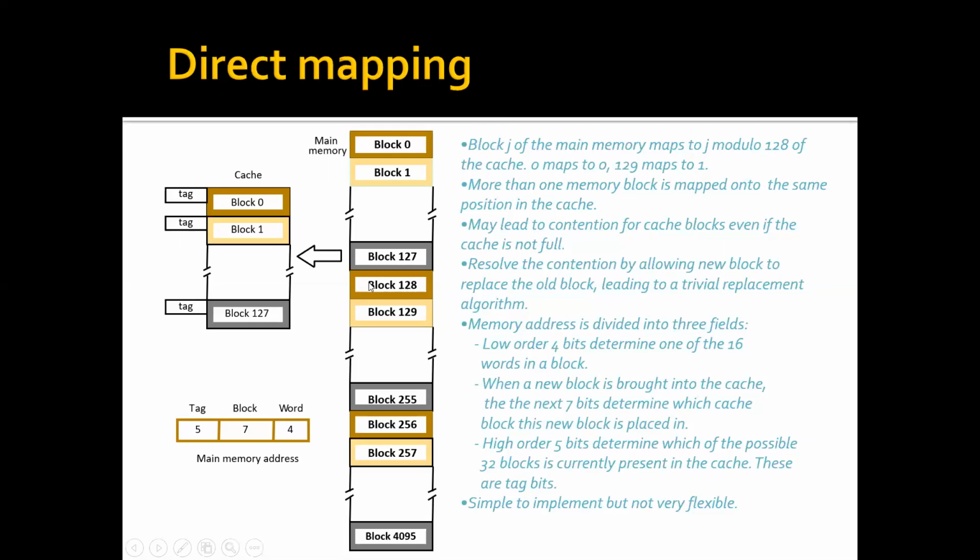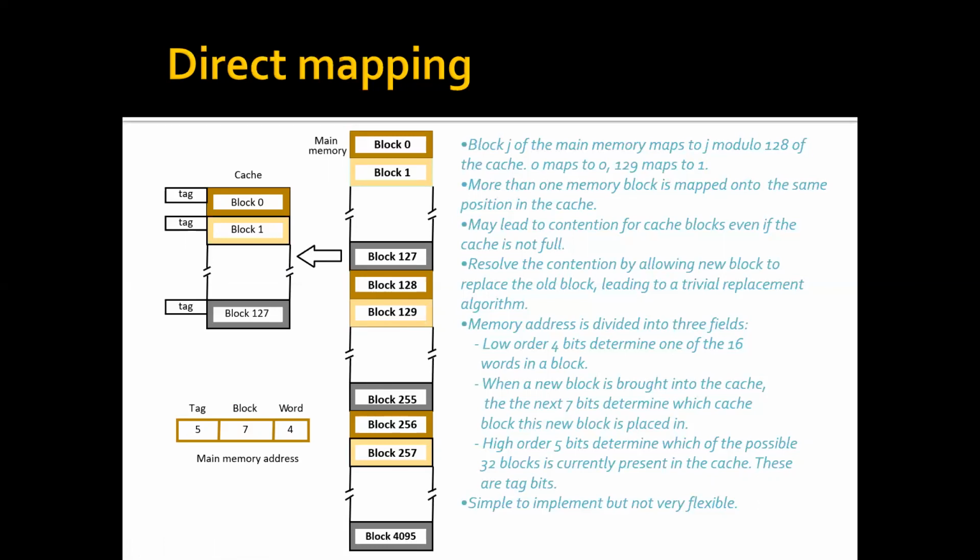Then 128 is mapped to 0, because 128 modulo 128 is 0. 129 to 1, 130 to 2, like that 255 to 127, 256 to 0. In that way it is being mapped.